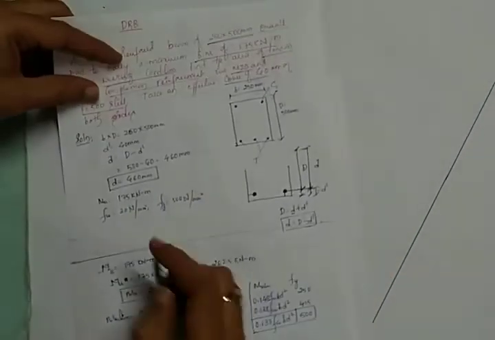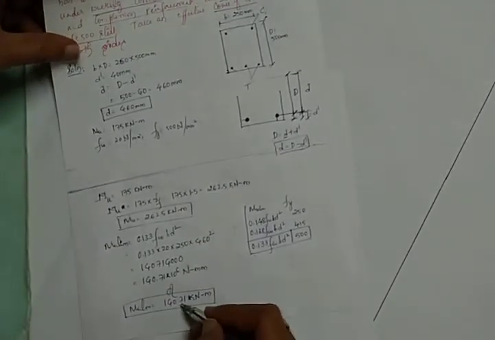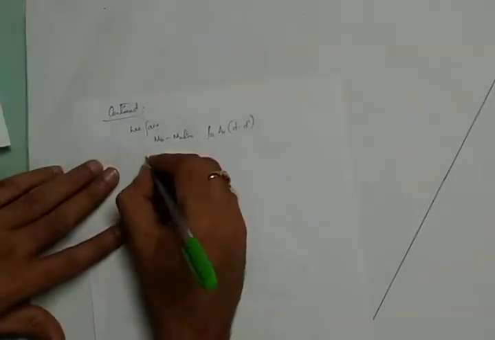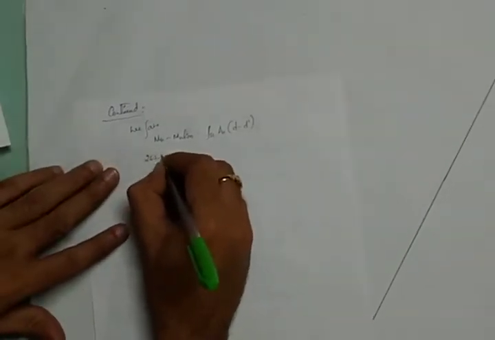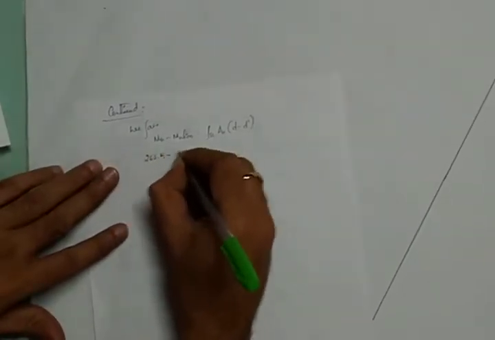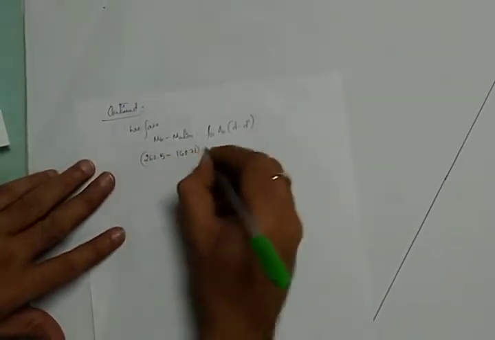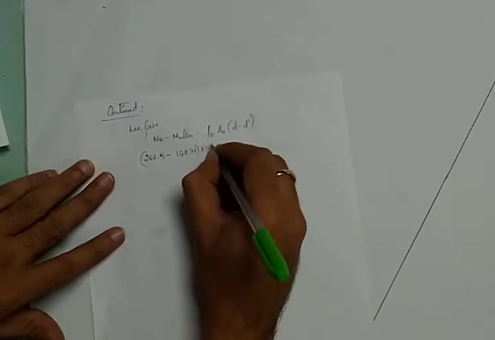Here I will refer to this page. Mu is now 262.5 and Mu limit is now 140.71. So I will write here 262.5 minus 140.71. You have to add 10 power 6.